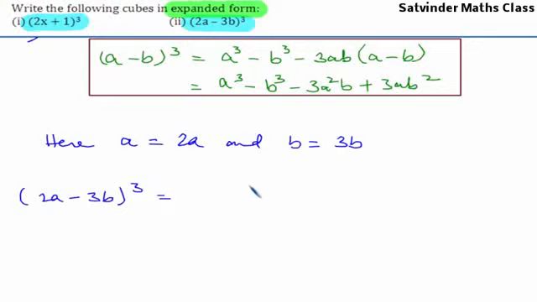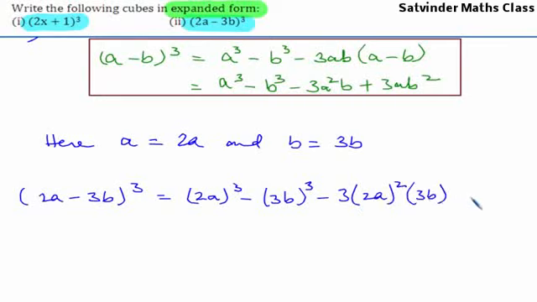We will get a cube, which means (2a) whole cube, minus b cube, which would be (3b) whole cube, minus 3a square, which is (2a) square into 3b, plus 3ab square, which would be 3 into 2a into (3b) whole square. Let us simplify this.